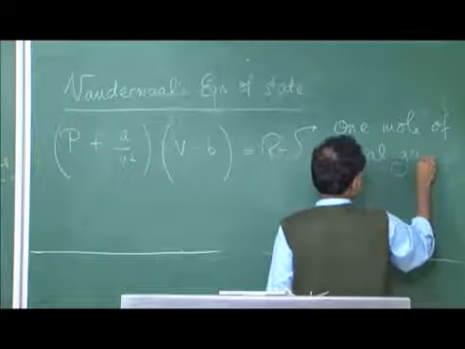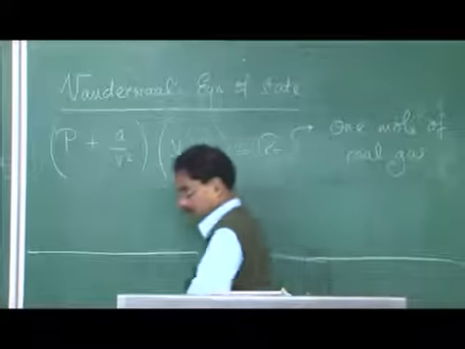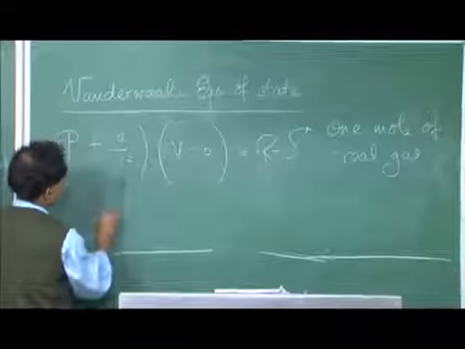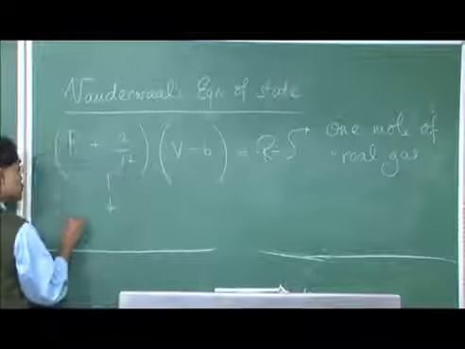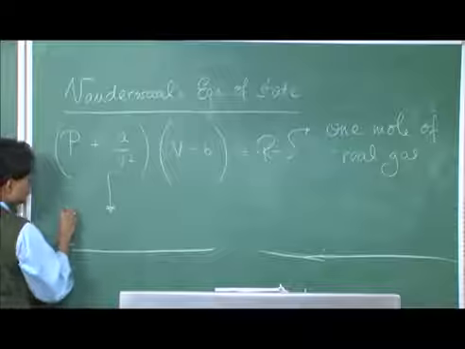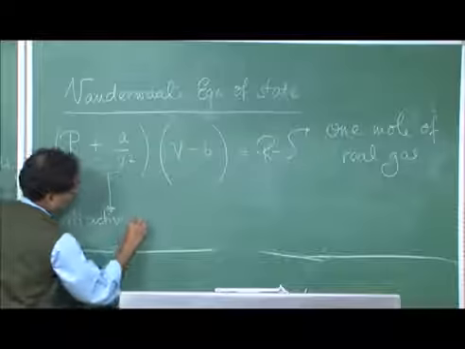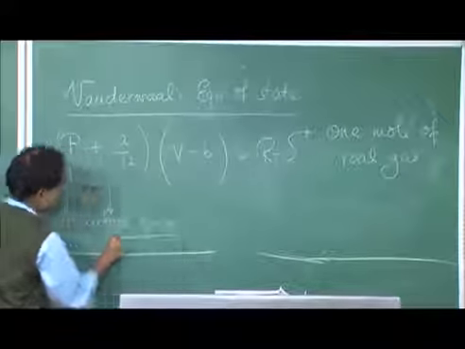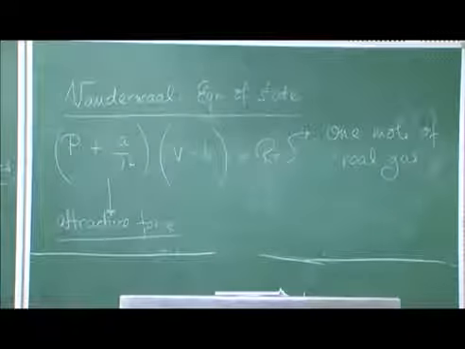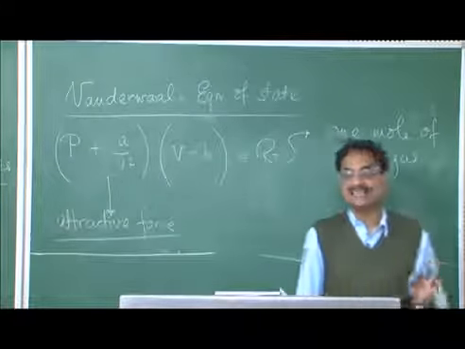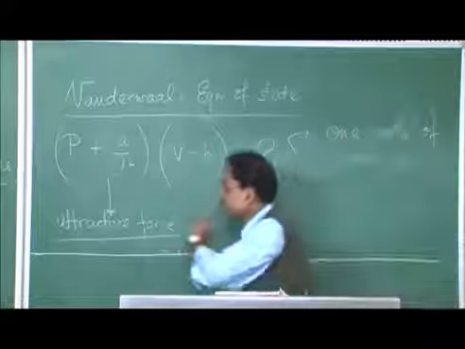So, you see the two corrections. One correction arising due to this, a correction to pressure arising due to this attractive force. In the beginning, we said that our ideal gas molecules will be molecules which do not have any other interaction except for elastic collisions. I make a departure from that.